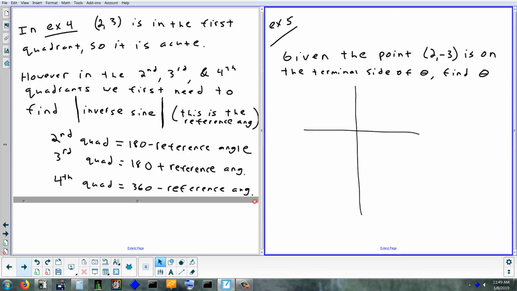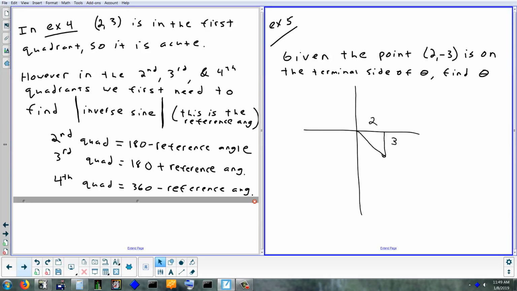Okay, so I make a quick sketch. 2, -3. What quadrant is 2, -3 in? 4. Right 2, down 3. I'm not really concerned about an accurate sketch, just roughly where it would be. In fact, you don't even really need to make a sketch if you can visualize it in your head. But if not, here's your sketch.